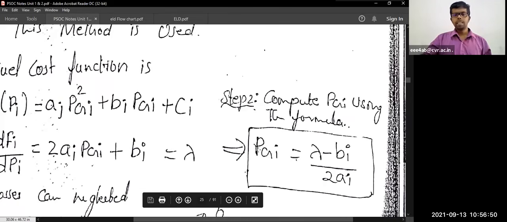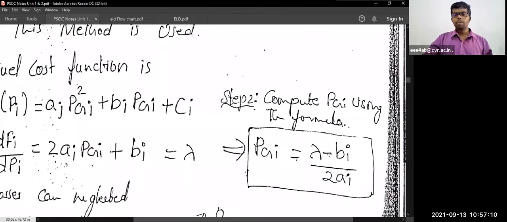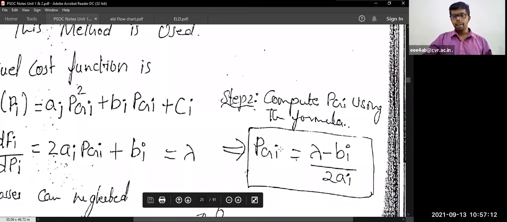So what is PGi? PGi is equal to lambda minus bi, divided by 2ai, because this is multiplied with PGi. If we need only PGi, we take it like that: PGi is equal to lambda minus bi divided by 2ai.